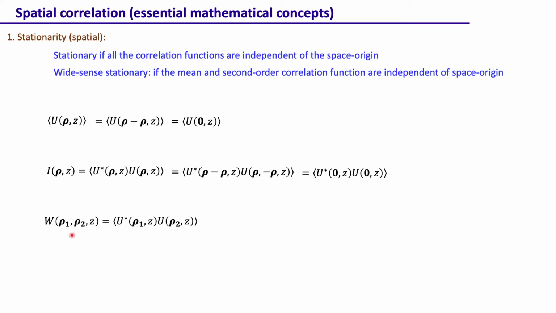For the correlation function, we have u*(ρ1, z) u(ρ2, z), and if we shift both of them by ρ1, that means ρ1 − ρ1 and ρ2 − ρ1, then it should be the same. Here ρ2 − ρ1 we are writing as Δρ. So wide sense stationarity implies that the correlation function doesn't depend directly on the spatial coordinates, only through their difference.